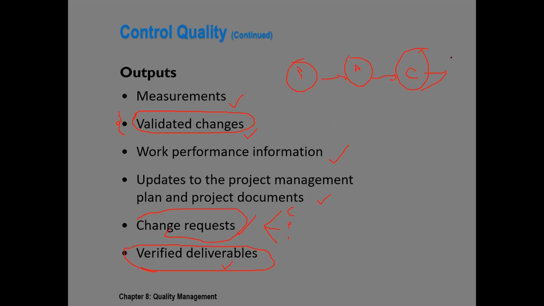Now, where will these change requests go? Into the work where we are doing assure quality. So we are going to rework something or take preventive or corrective measures to ensure that everything is all right. It means that we made some changes. Now, these changes that we made also go to control quality, and they are validated, to check whether these changes were implemented or not.